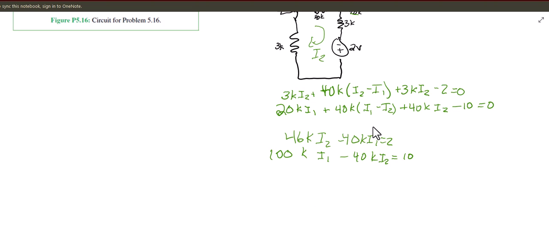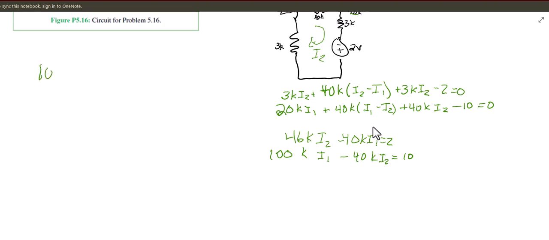Now if I divide this top equation, actually, why would I do that? Because they're not in the right order. So let me write these in the right order.